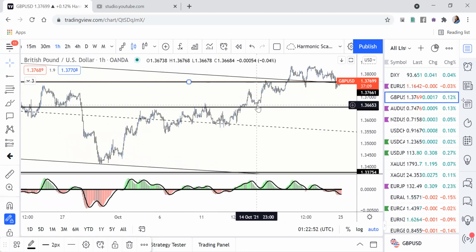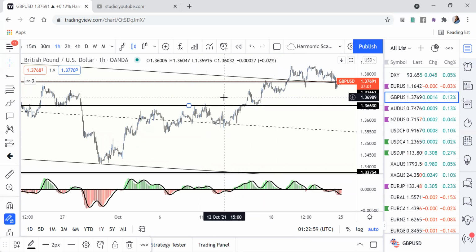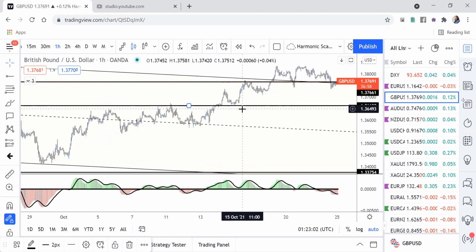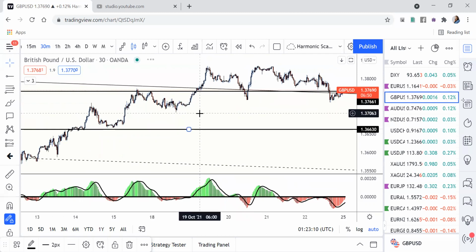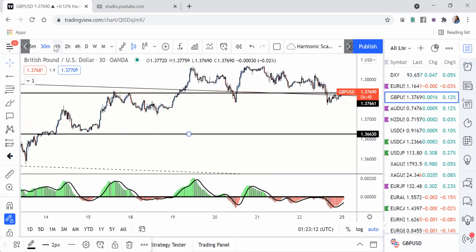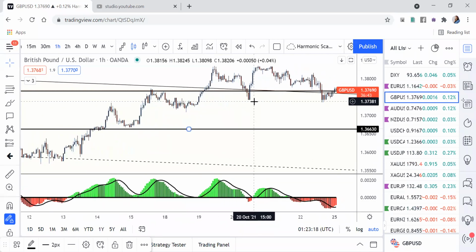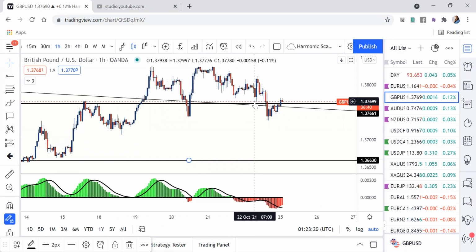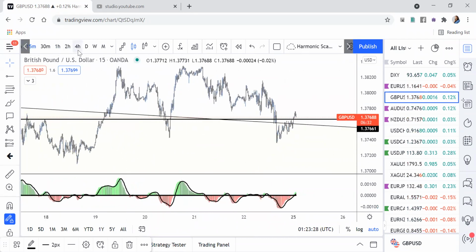We had a break, retest, price continued up. Right, so the 30 minutes. So the GU, not as attractive as EU. Not as attractive as EU.